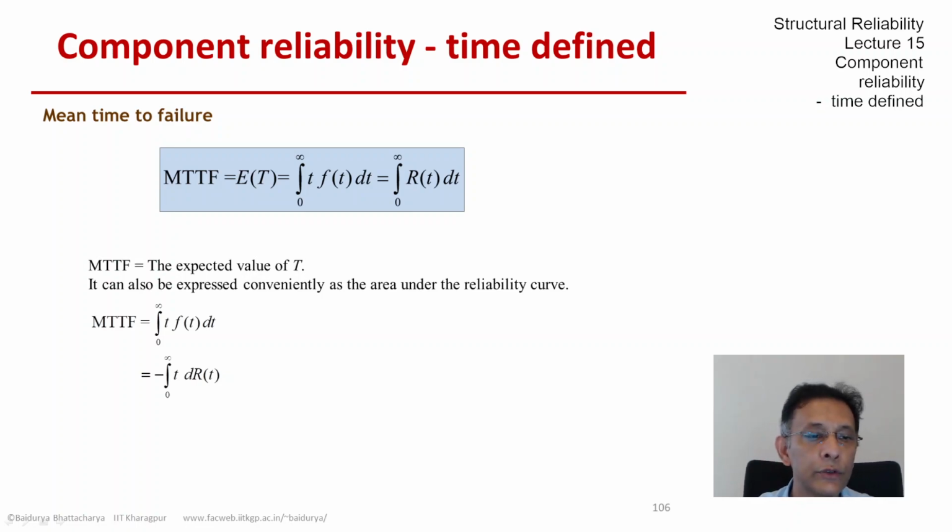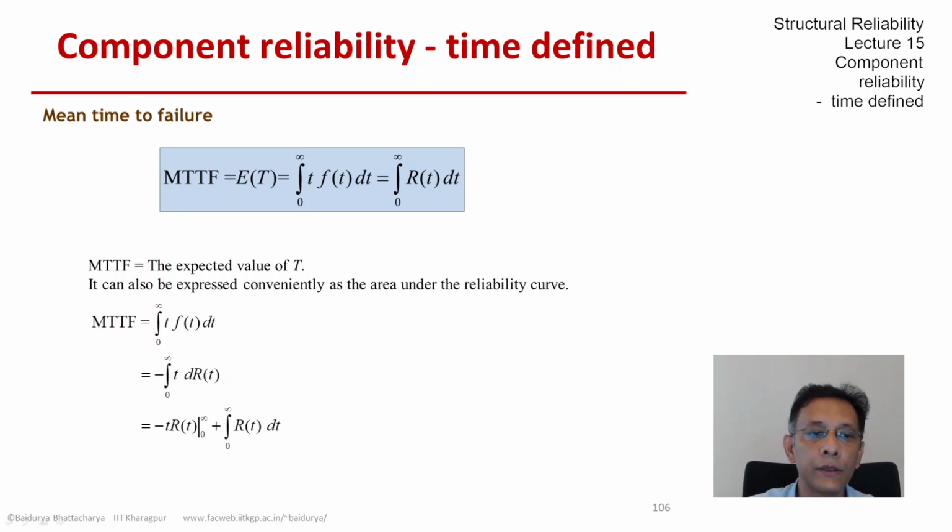So that's how you see MTTF is also the negative of the integral of t dR(t), where the limits on t are 0 to infinity. Now we can expand this by integration by parts, and the first one is t R(t) evaluated at 0 and infinity, and the second one is the area under the reliability curve from 0 to infinity.